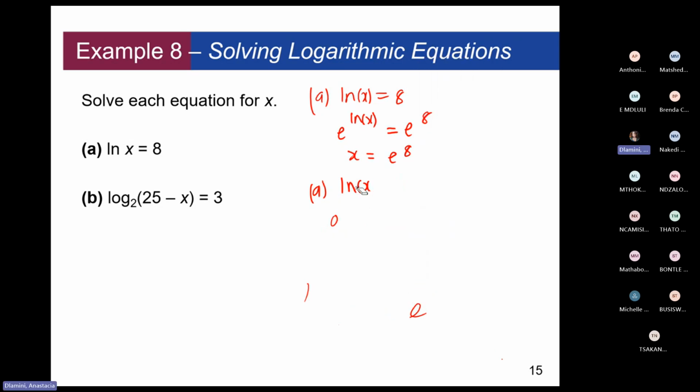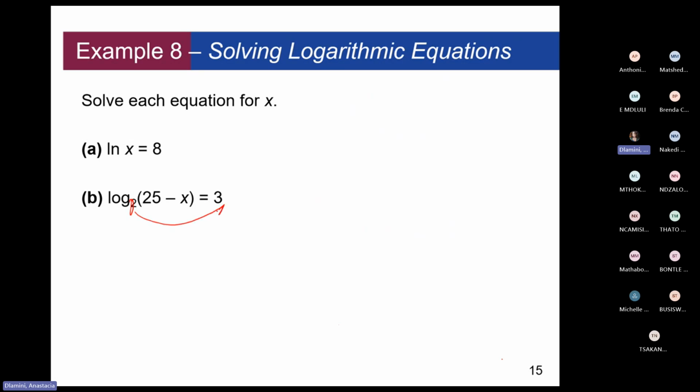Okay, now let me do this one fast. We said that we take the base raised to this should be equals to this. So our base is 2 raised to 3 is equals to 25 minus x. And you know a is equals to b can be written as b is equals to a, meaning that I can interchange the position of this.